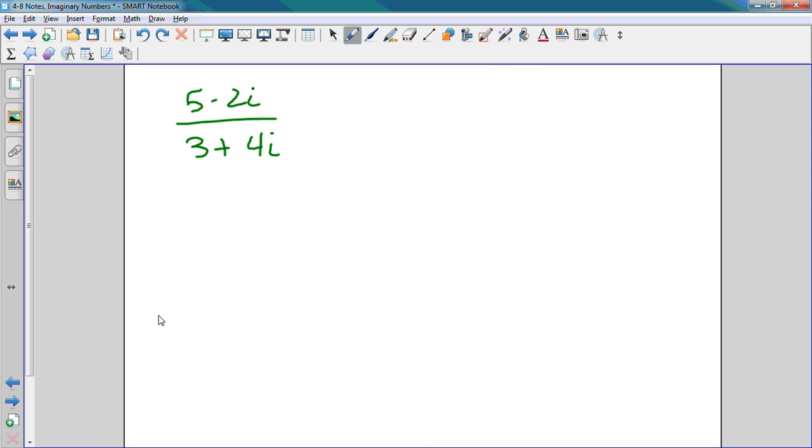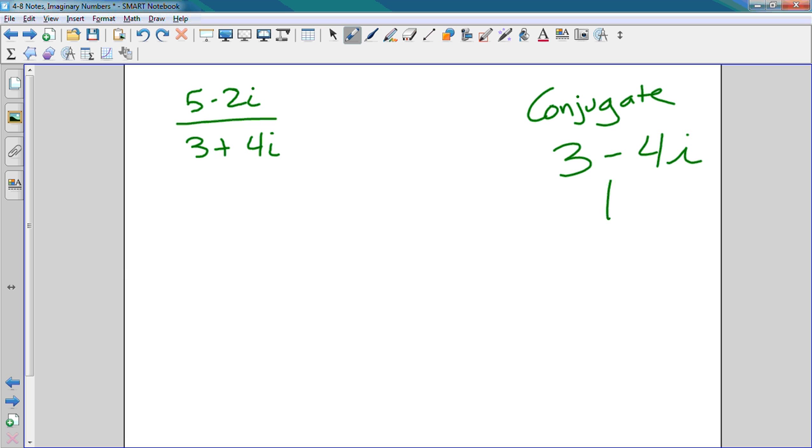Okay, how about this one? This one's a little bit different. What do I multiply the top and the bottom by? 3 minus 4i. Think about it. What's the conjugate of the denominator? 3 minus 4i.